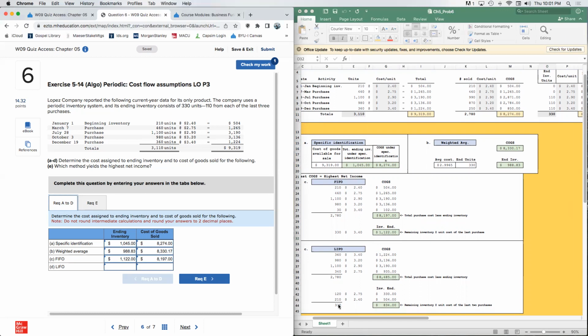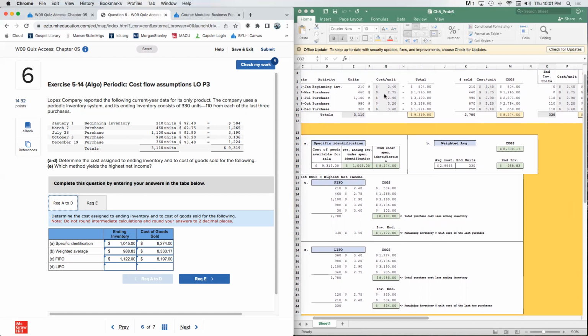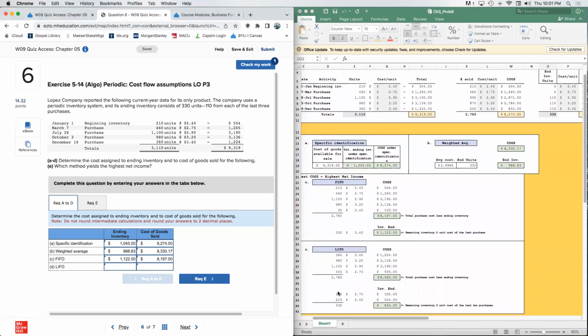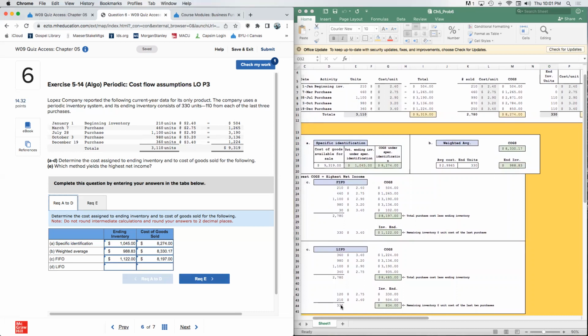So 210 at 240, and that leaves 120 out of the next purchase at 275. So 120 here, 275. That leaves 330 in inventory. And again, you can work through it the other way too. So our ending inventory is $834.